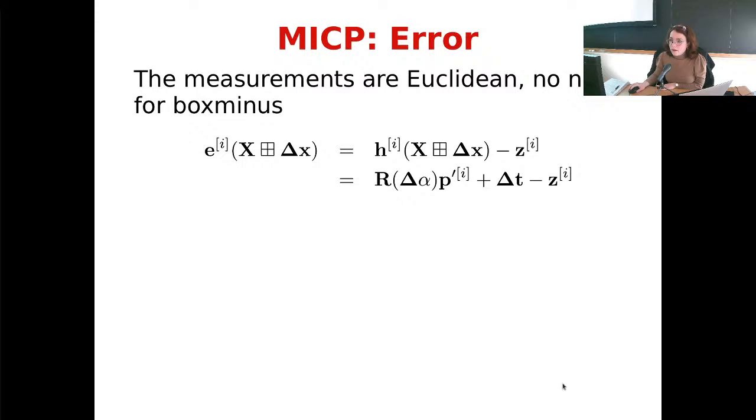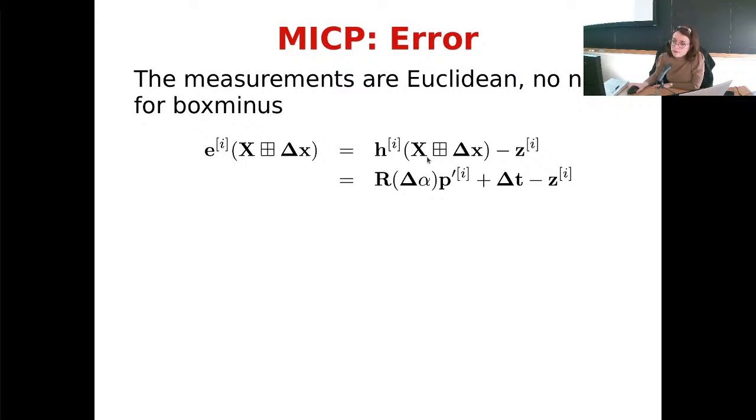So, I am moving on with the error function. It is very simple because, again, the box minus is a regular minus because the measurement is a Euclidean vector. So again, the error allows us to compare the predicted measurement and the actual measurement. Measurements are points in the robot frame, while points p_i are points in the world frame.